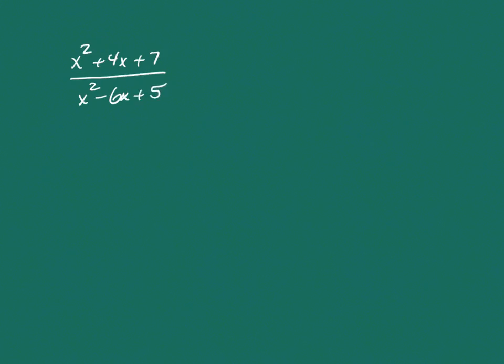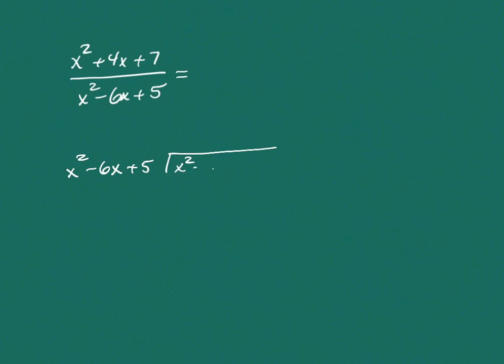Well, I'm seeing I've got a degree 2 in the numerator, and a degree 2 in the denominator. So those are the same size, which tells me that I have a whole polynomial part contained in this. And so to find that whole polynomial part, I am doing long division.